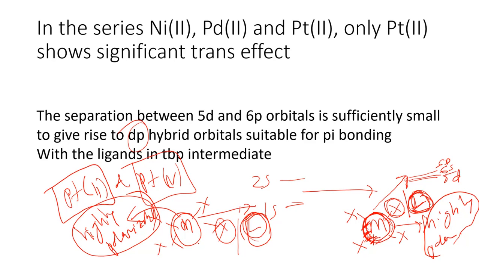But if the metal is less polarizable, then definitely the trans effect would be less, or the tendency to show the trans effect would be minimized. Now among platinum 2 and platinum 4, the charge of platinum 2 is quite low whereas the size is larger, whereas in platinum 4 the charge is high and the radius is smaller, so it would be less polarizable and would show very little trans effect.